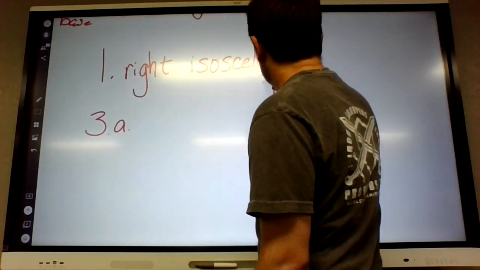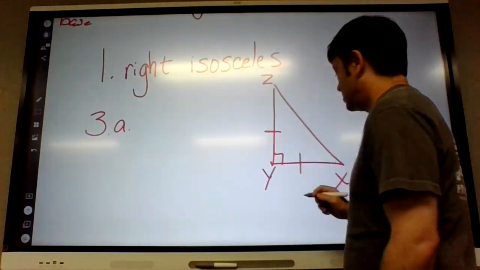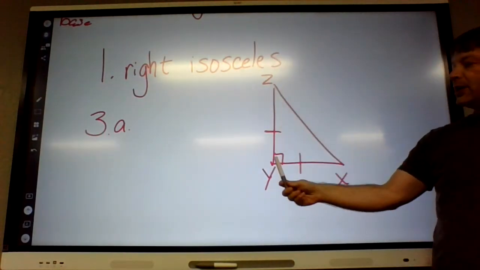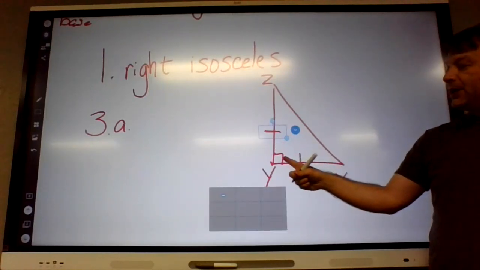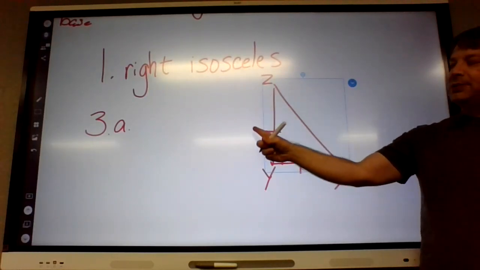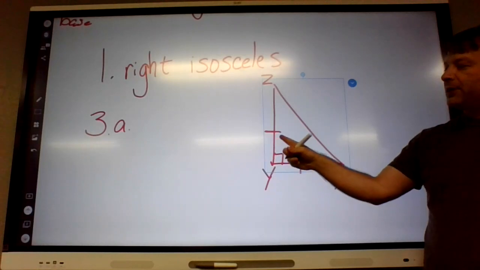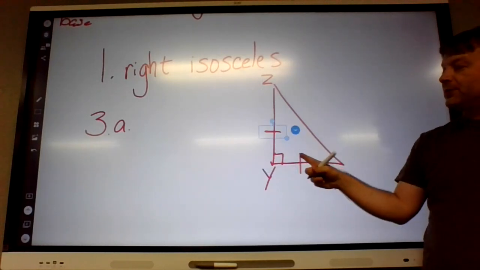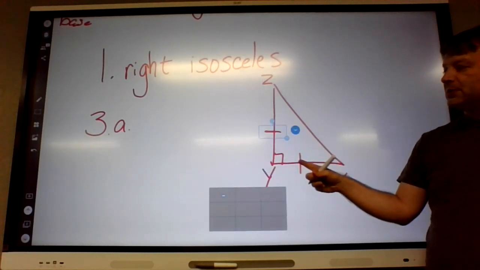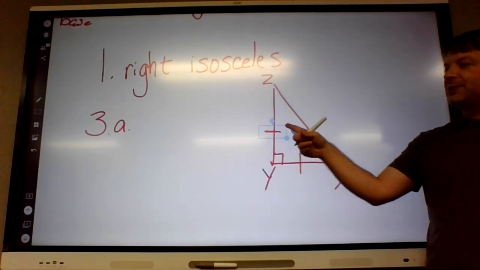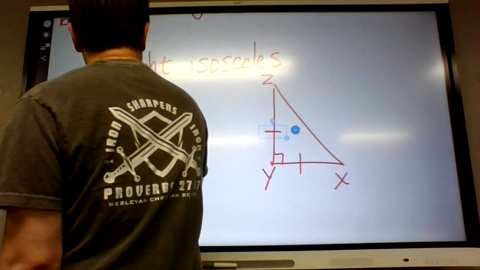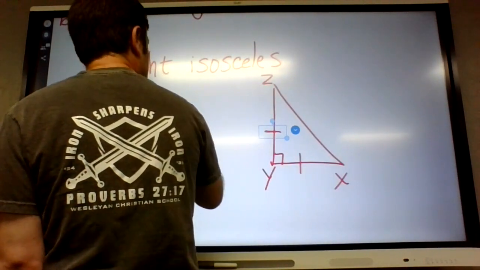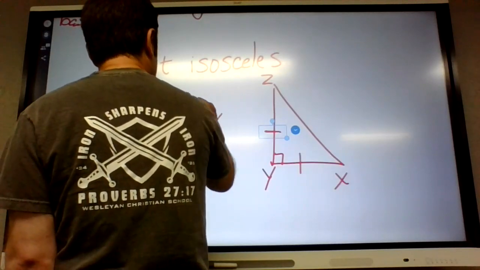In the right triangle, these are the legs because they're around the 90-degree angle. In the isosceles triangle, these are the equal sides, so they're the legs as well. So ZY, YX.